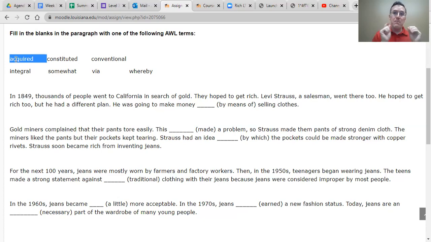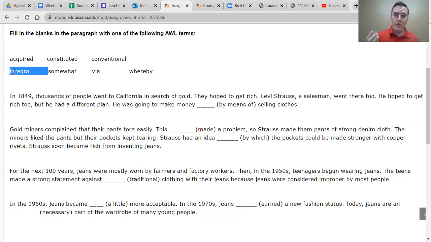So it must be one of those 2 words. I can ignore all the other words because grammatically, they cannot go in this sentence. It would be incorrect grammar to say unconventional part, right? We would not say un with a consonant. It has to be a vowel sound, acquired or integral. So now I know it has to be one of those 2 words. I only have 2 words to choose from.